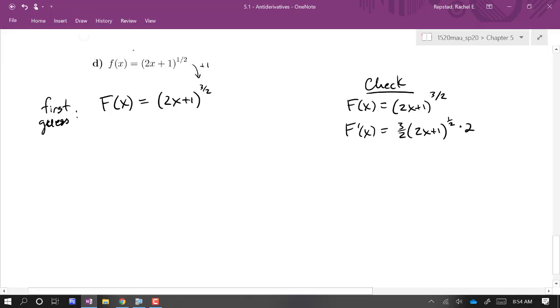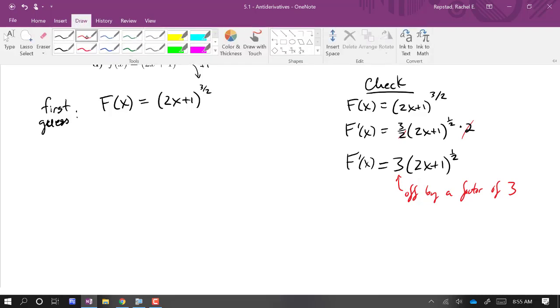And we can do a little simplifying here, a little canceling, and we get 3 times (2x plus 1) to the 1/2. Now, this obviously is not the original function. So our first guess is not correct. But we are off by a factor of 3, right? We're off by a factor of 3.